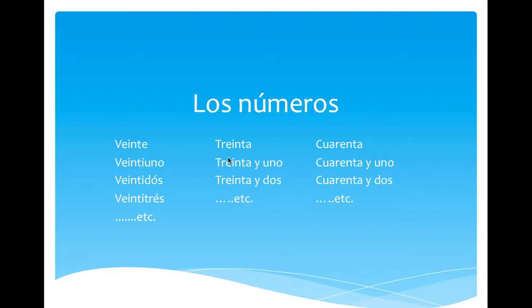So we have 30, 31, 32, 33, 34, etc. And we go to 40, 41, 42, 43, etc. And we follow that pattern all the way up to 99, and we have 90, 91, 92.